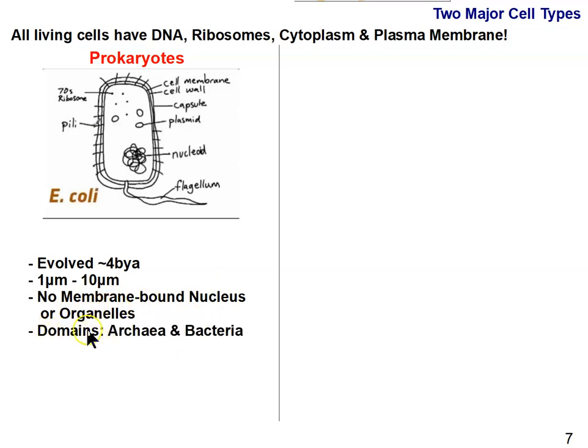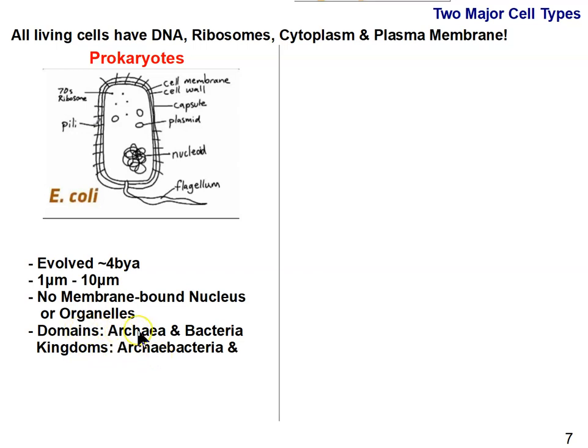And they're represented by the domains, because all life has been classified into 3 domains. Archaea and Bacteria are the prokaryotic domains. And they are also kingdoms. The domains are also kingdoms. So Archaea is the kingdom Archaebacteria.